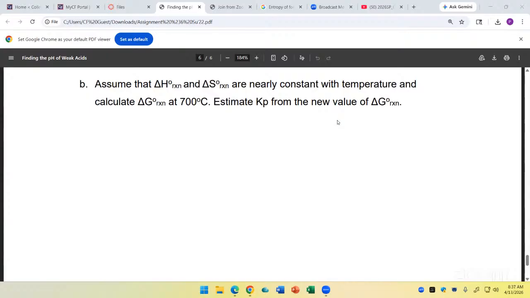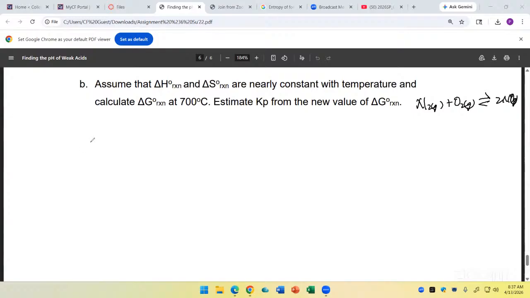So what I would do is let me just rewrite the equation here. By the way, I hate this color, so let me change it. Okay, so the equation for the reaction is, of course, N2 gas plus O2 gas to give 2 NO gas, right?